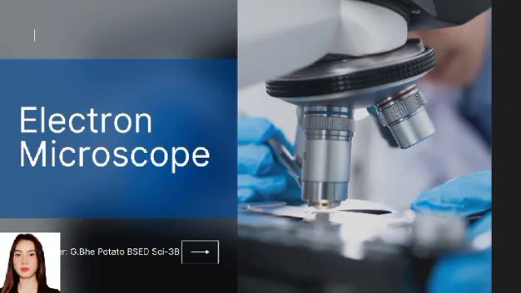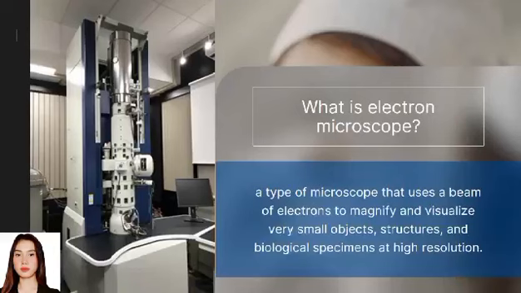So what is an electron microscope? It is a type of microscope that uses a beam of electrons. When we say beam of electrons, it is a stream of negatively charged particles.